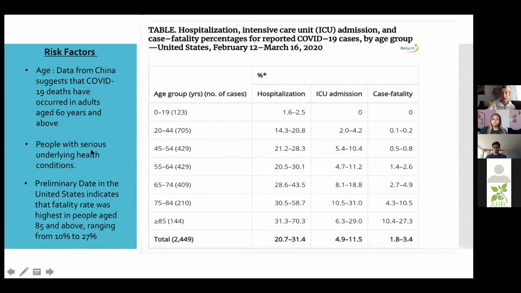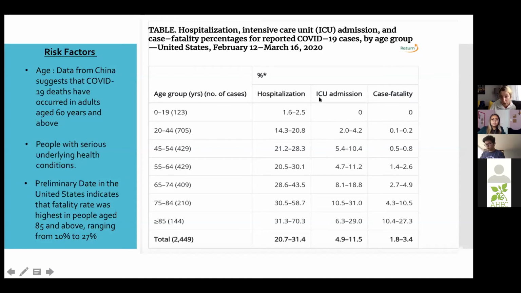And people with another risk factor, people with serious underlying health conditions. Those conditions could be diabetes, cardiovascular disease, or asthma, or some chronic disease. And the preliminary data in the United States indicates the fatality rate was highest in people aged 85 and above.